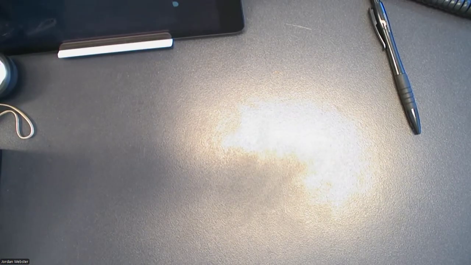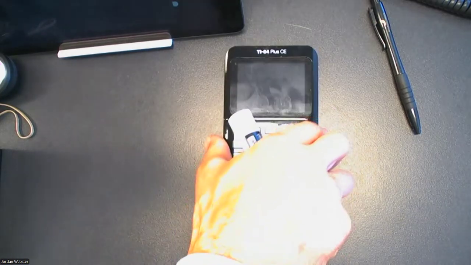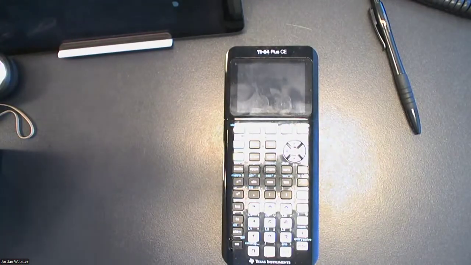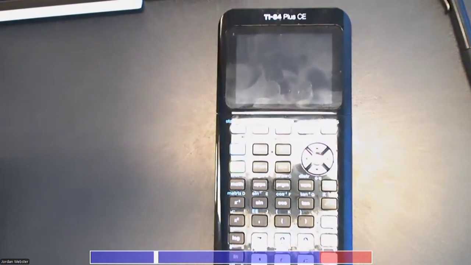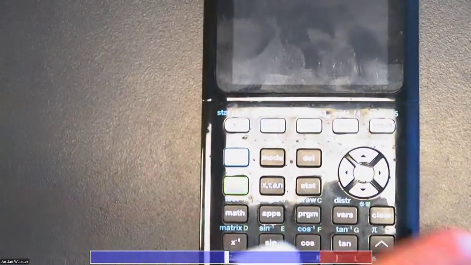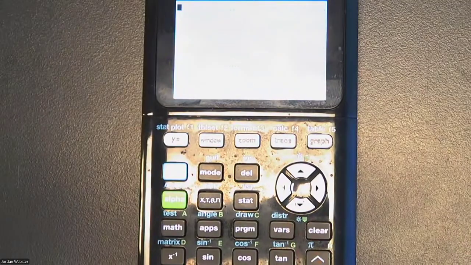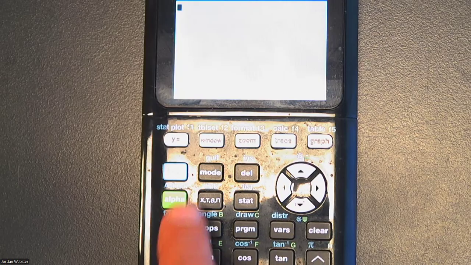Now, this is the same inverse feature we did with triangles, so it shouldn't be any new feature to us. So inverse sine is just second into the sine button. We want to do negative 0.41.